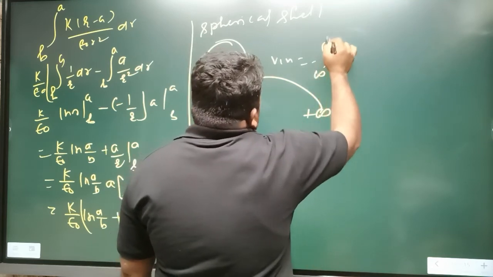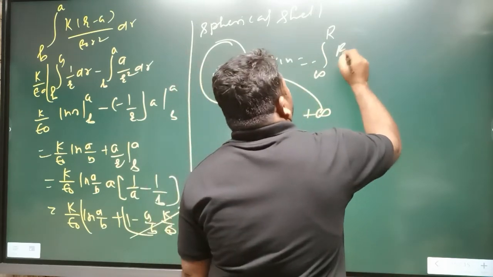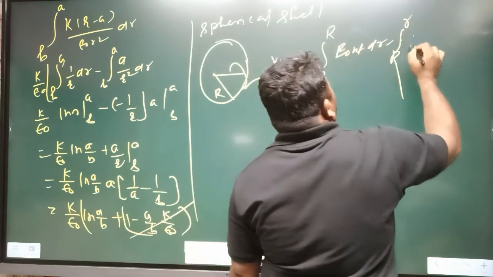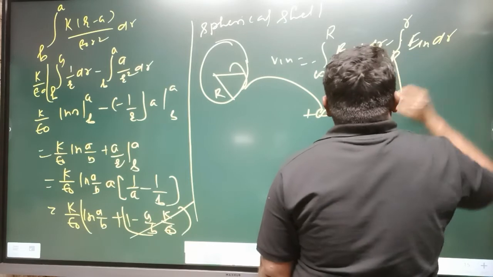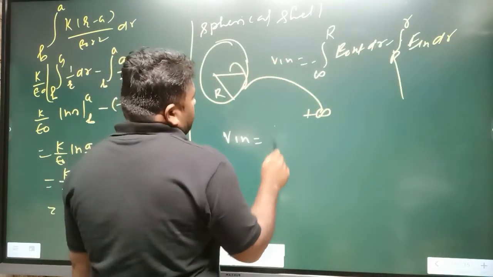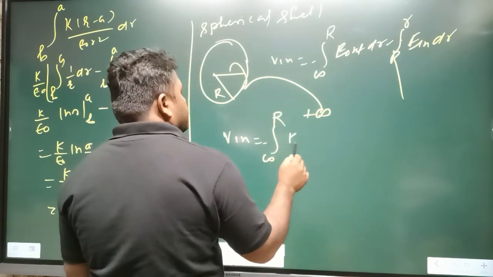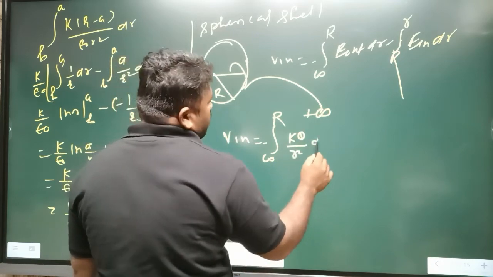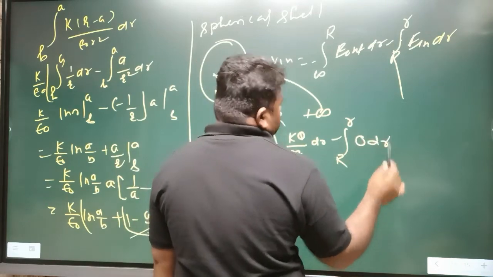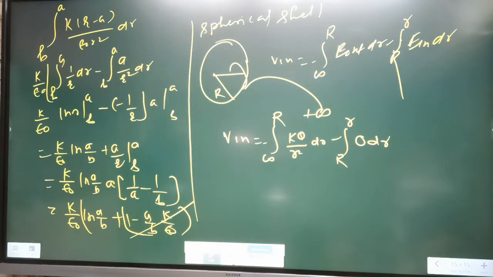From infinity to capital R, at that time the electric field is E out, E out dr, minus the integration from R to small r, where the electric field is E in, E in dr. Means V in is equal to minus infinity to capital R, E out is KQ by R square dr, minus R to small r of E in, which is rho R upon 3 epsilon, which is 0. Okay.